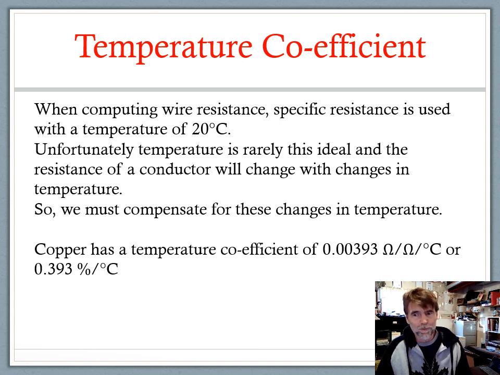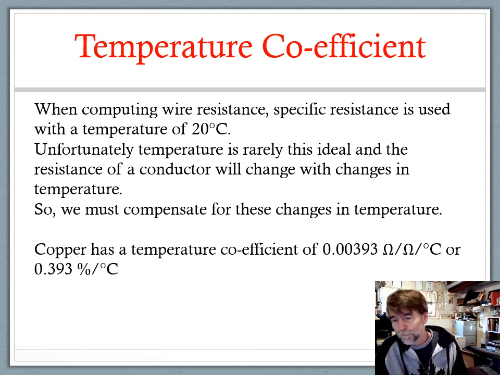It's ohms per ohm per degree, which means the resistance of the copper will change by 0.00393 ohms for every ohm of resistance that conductor is already offering in the circuit, and then by every degree that the temperature changes.